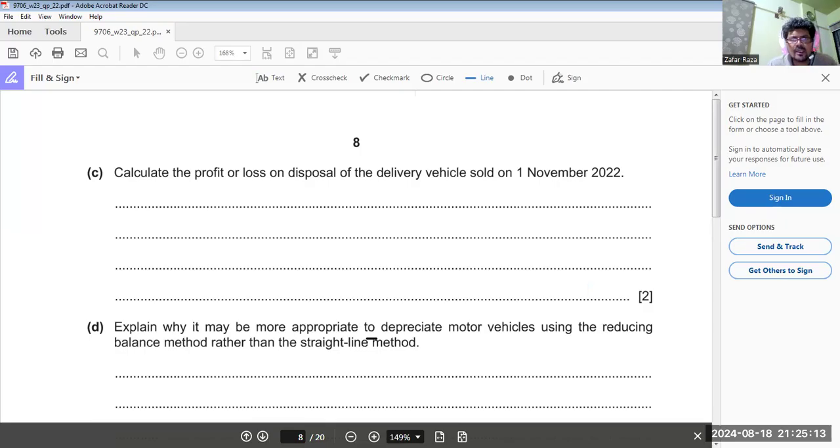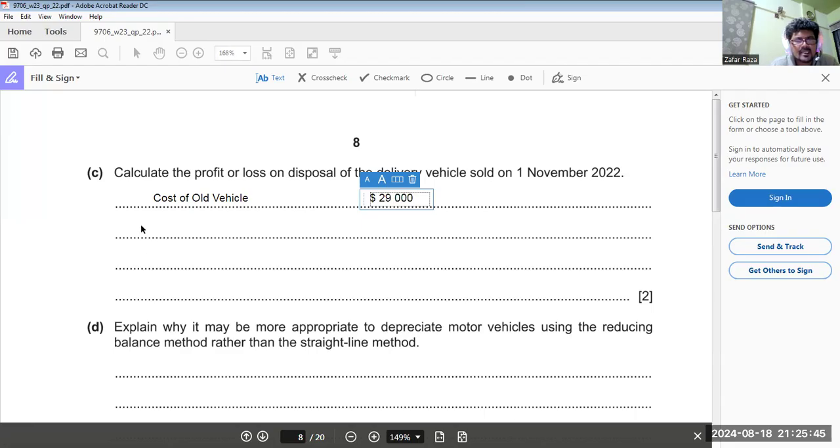Calculate the profit or loss on the disposal of the delivery vehicles sold on 1st November 2022. Oh my God. Okay. See. Cost of old vehicle. You know what was the cost of old vehicle? That was $29,000.